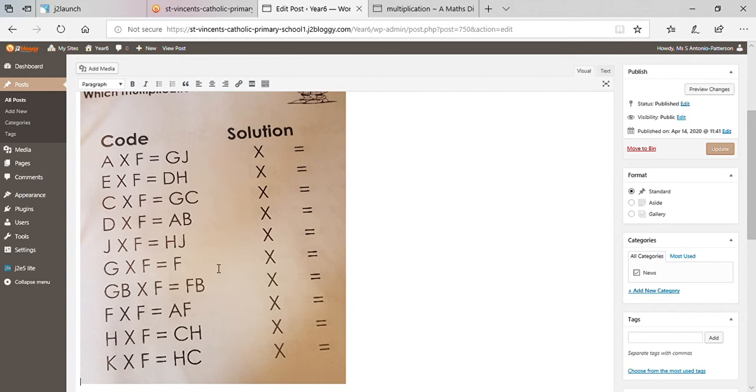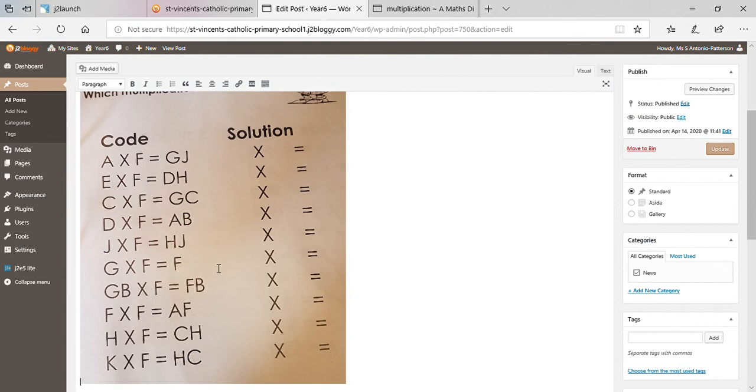The reason being is we know when we're doing multiplication tables that when we're multiplying a number by 1, or 1 times a number, the answer is always going to be the number which you've multiplied it by, whether your multiplicand or your multiplier. Only when we're multiplying by 1 or 0, because if I did 0 times 5, my answer would be 0.